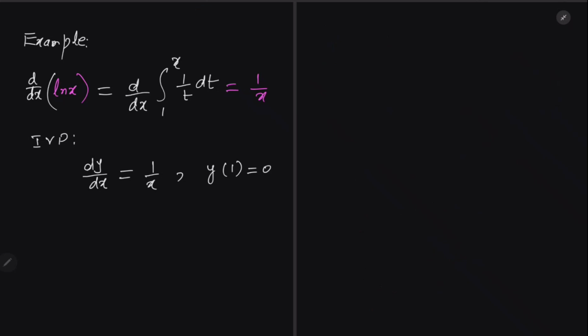So this was the derivative of natural log. If we have, for example, d by dx of natural log of 2x, the derivative will be 1 by 2x times d by dx of 2x. Okay, so we are applying the chain rule over here, and the answer is 1 over x, and x is greater than 0.